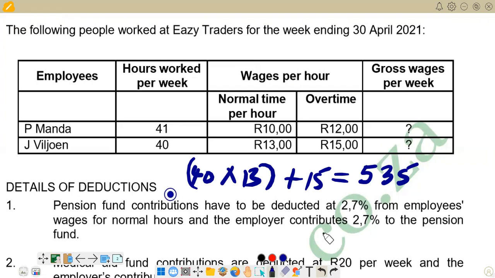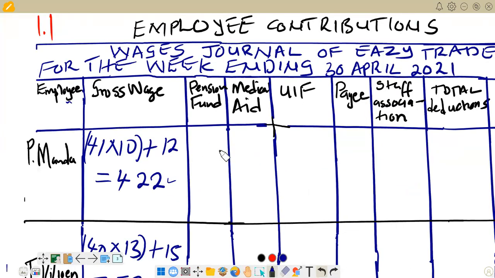If we say 2.7 over 100, we are going to get 0.027. So we are just going to multiply this times the gross wage for those specific employees that we have there. So here for P Manda, we are going to say 0.027. Then we multiply by 422.